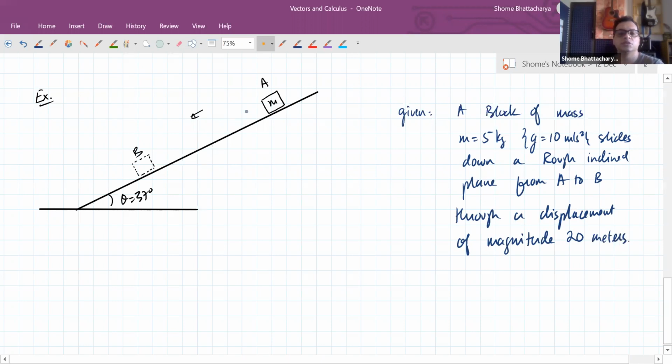So this distance from here to here, the magnitude of the displacement here is 20 meters from A to B.